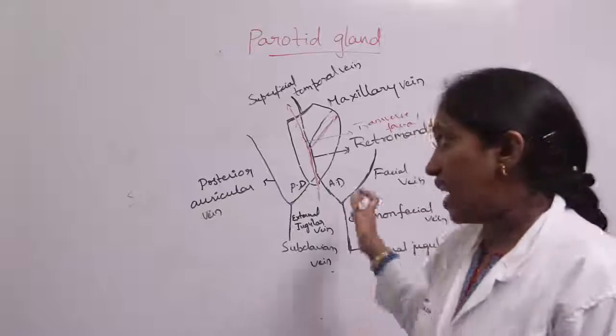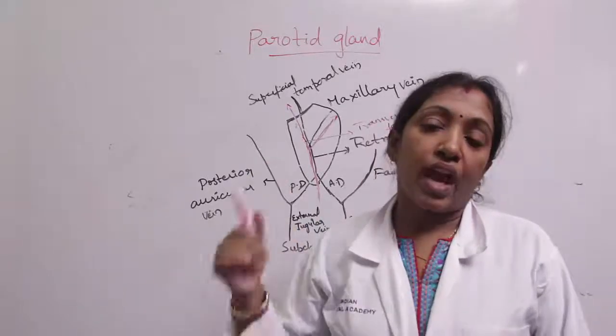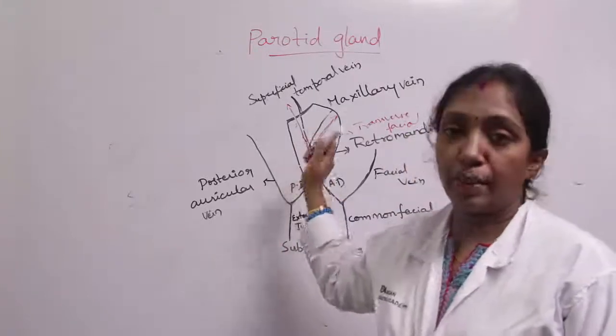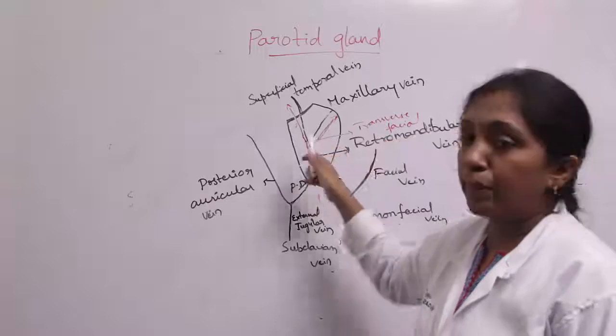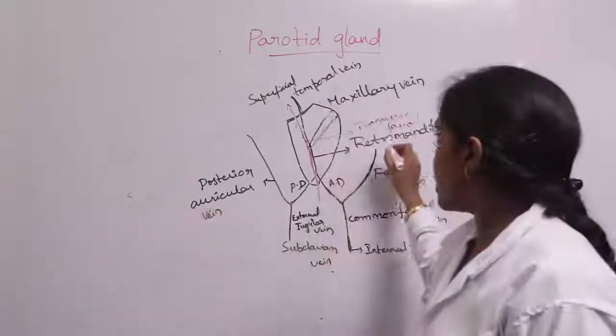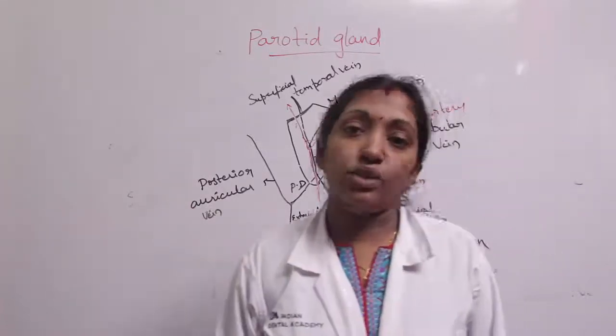And the artery is the external carotid artery. It enters the gland and divides into two terminal branches, superficial temporal and maxillary. From the superficial temporal, one small branch arises which supplies the face, the transverse facial artery. So that's about the structures passing through the gland.